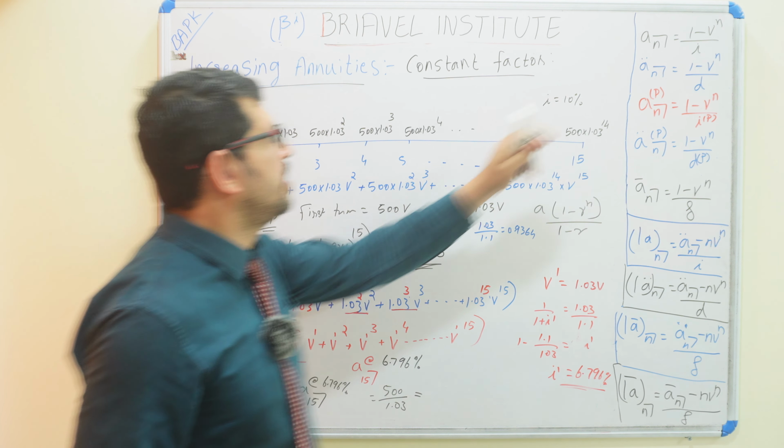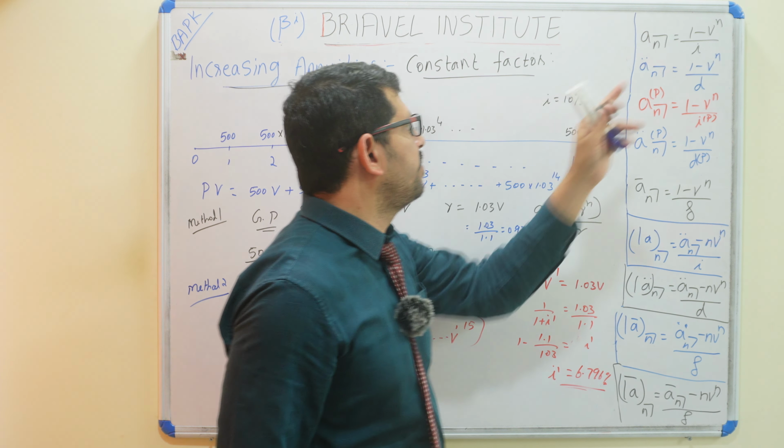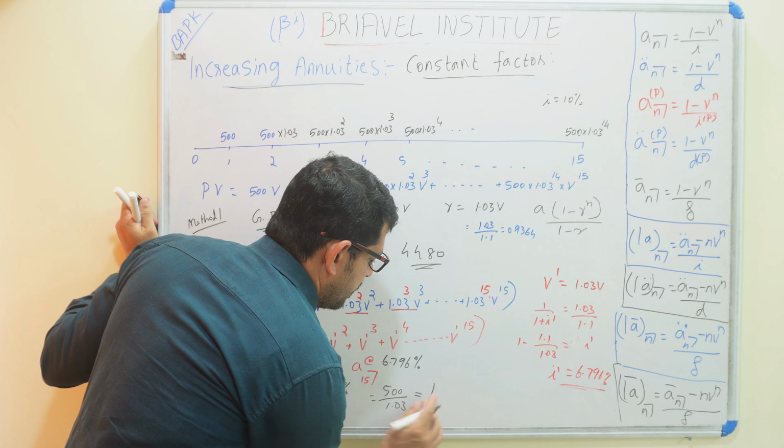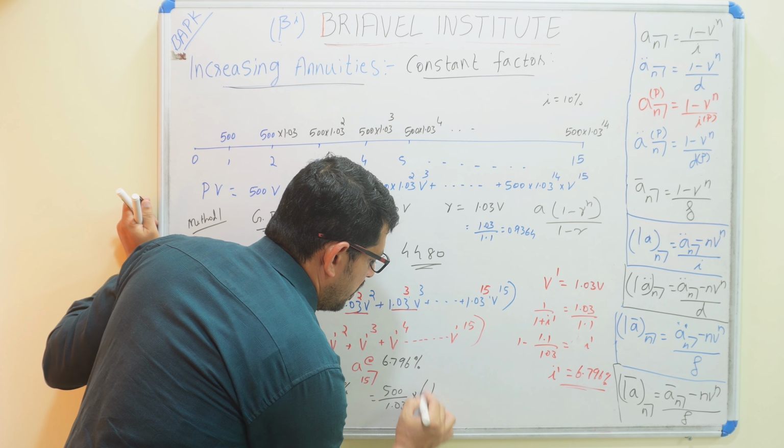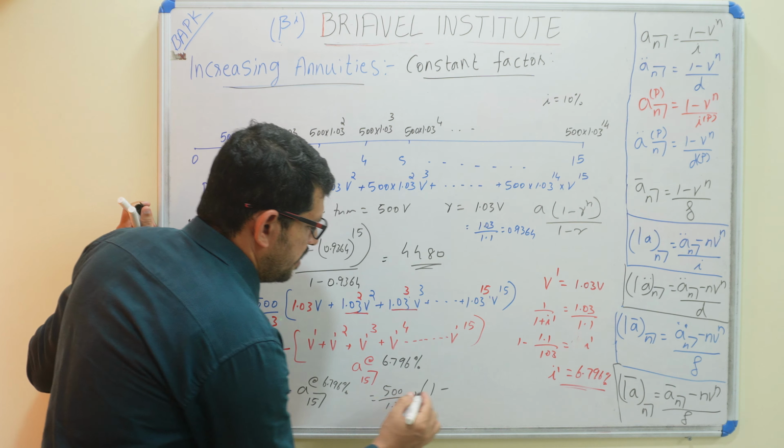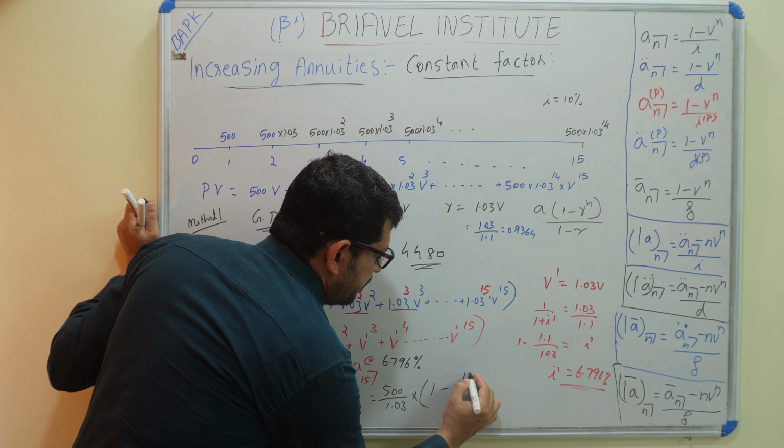So A15, we know that it is 1 minus V raised to N, multiplying with 1 minus V raised to N, V raised to 15.